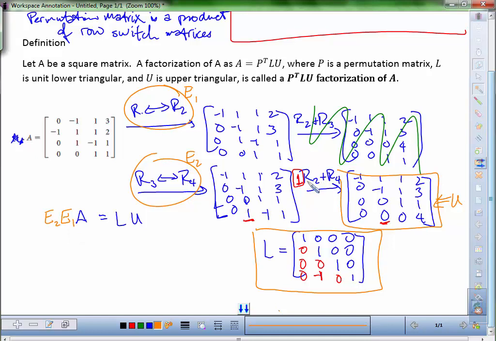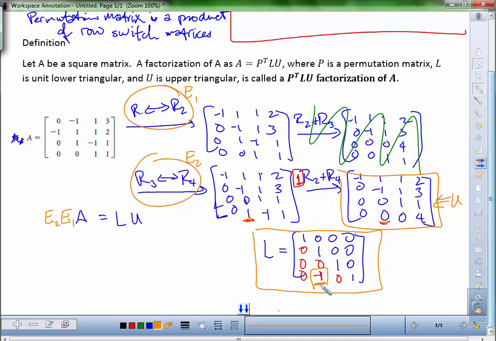Okay. So what I needed to do is I needed to make one of these things 0. And I want to know which spot did I make 0. So this is the spot that I'm looking at to make it disappear, make it into a 0. So for my lower triangular matrix, that's the spot that I would be focusing on. And what number do I put there? The number I put there is the negative of that coefficient that I multiply one of the rows by to eliminate that.